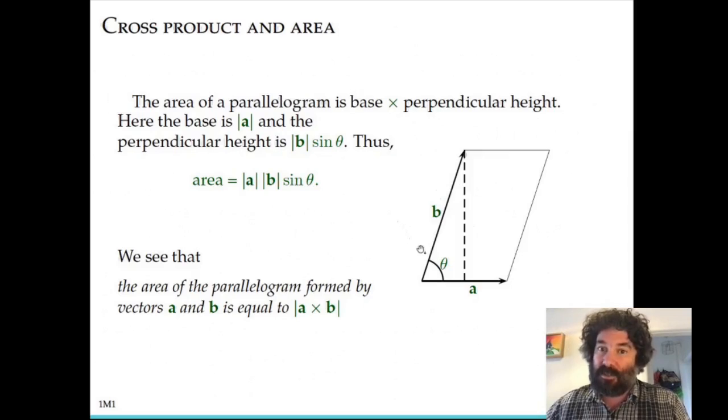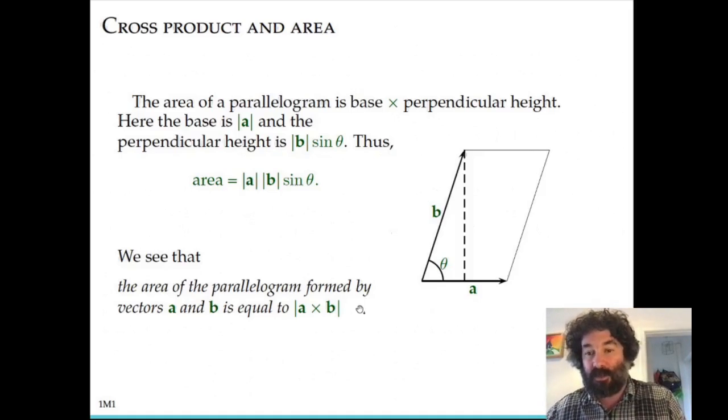And as you can see, this perpendicular height from trigonometry is the sine of theta times the modulus of b, and thus the area of the parallelogram is the modulus of a times the modulus of b times the sine of theta. And so the area of this parallelogram, given by the vectors a and b, is equal to the modulus of a cross b. So this is a geometric way to interpret the modulus of the cross product, the area of this parallelogram given by the vectors a and b.